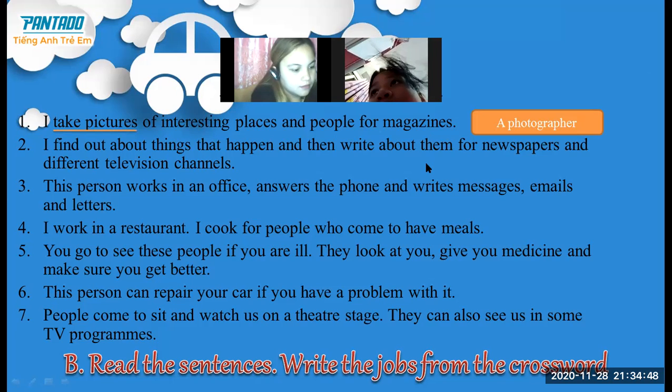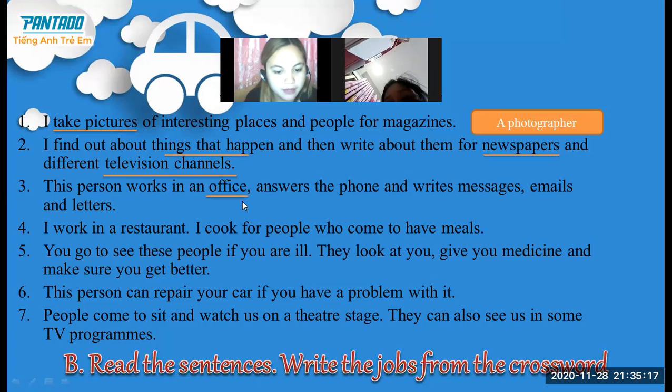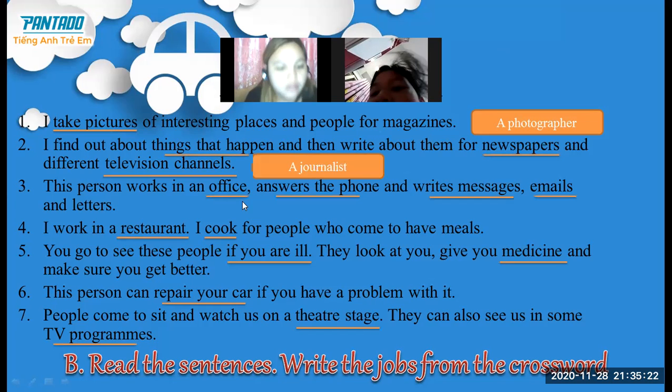It says that I find out about things that happen and then write about them for newspapers and different television channels. What do you think is that job? Starts with letter J. Journalist. Okay, a journalist. Journalist is correct.